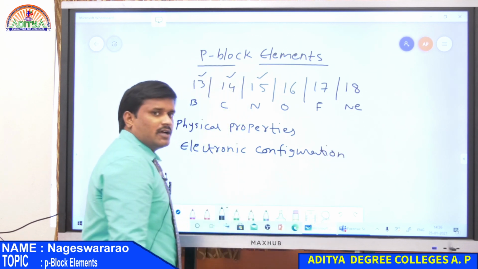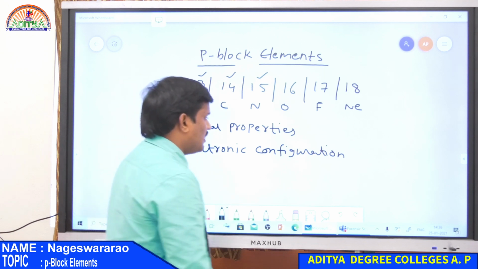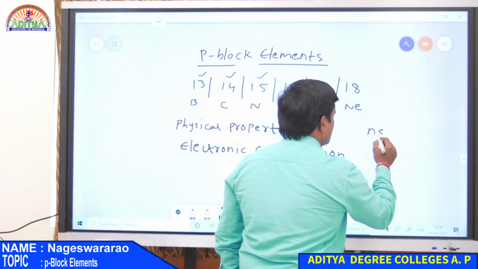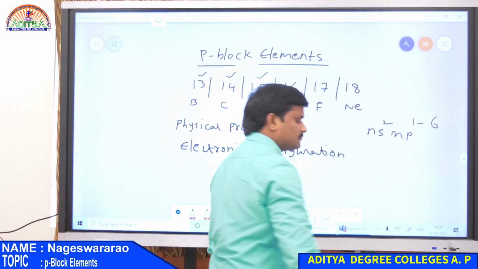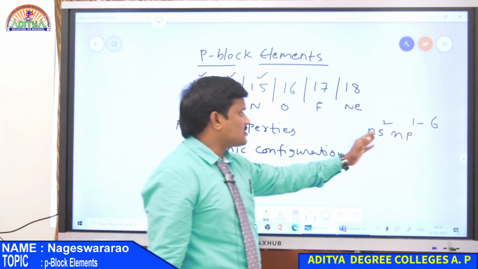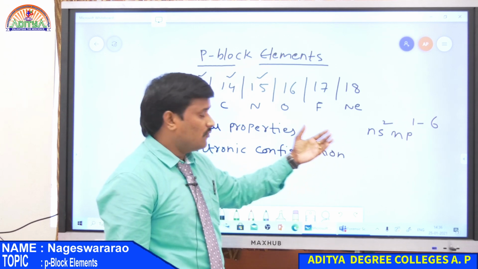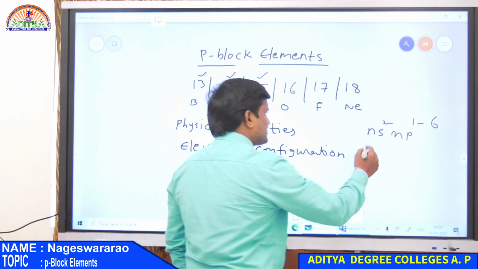So the general electronic configuration for all these elements is ns2np1 to 6. So ns2np1 is for boron family and np2 for the second one, and last up to neon it is ns2np6.